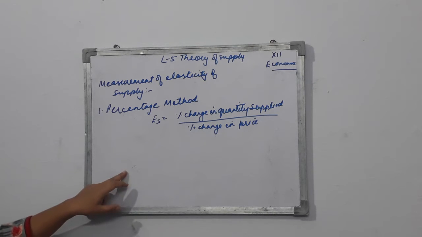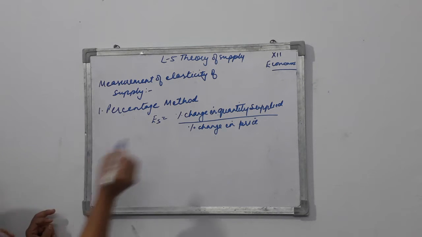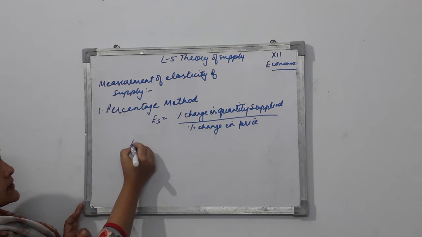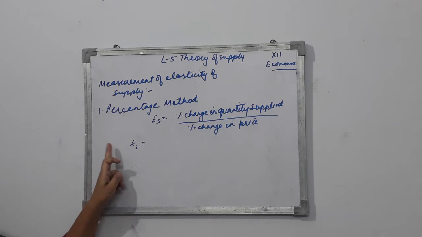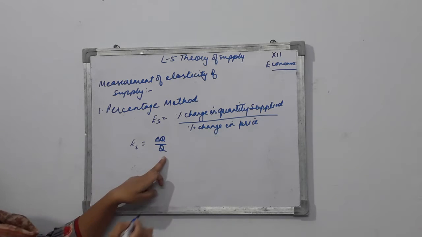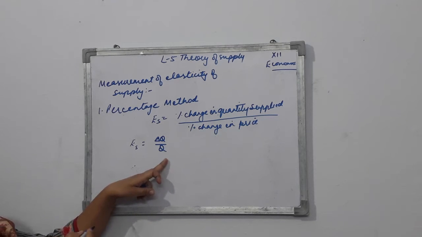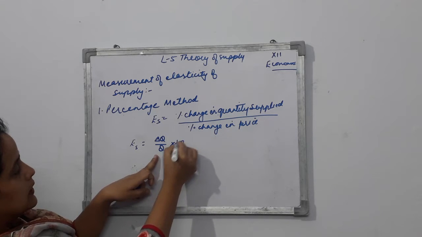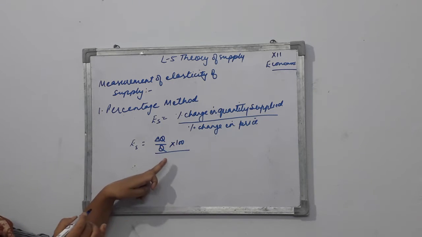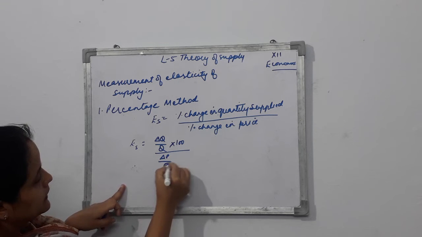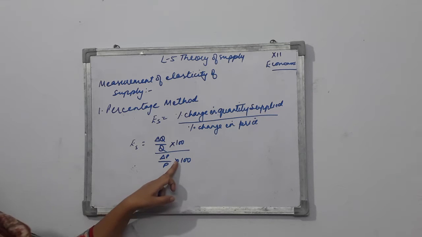Now, in terms of symbols, elasticity of supply is delta Q upon Q into 100 upon delta P upon P into 100.